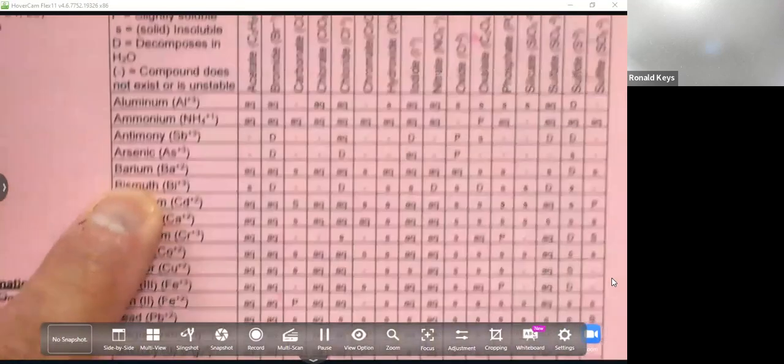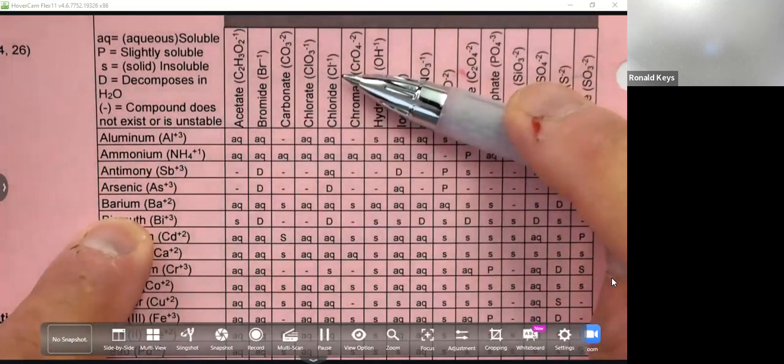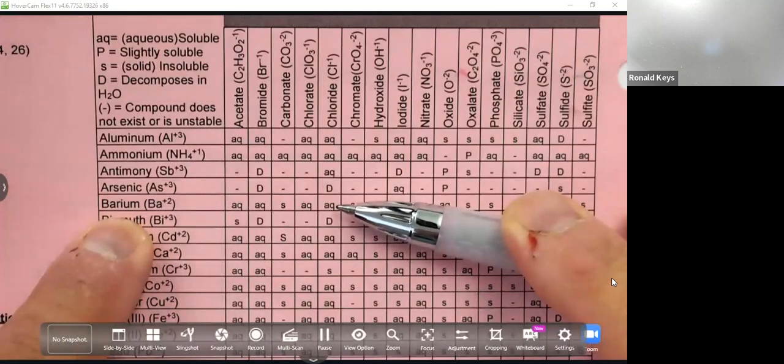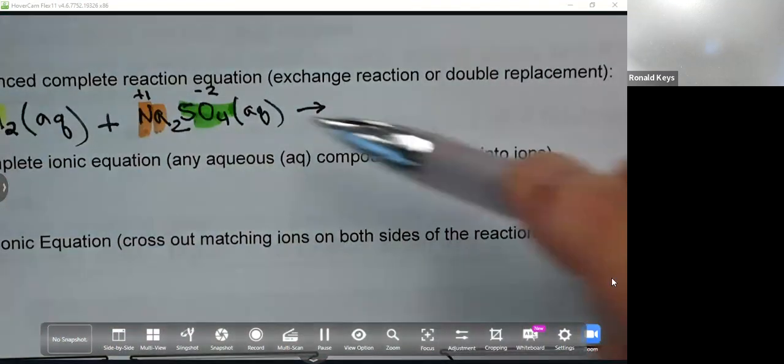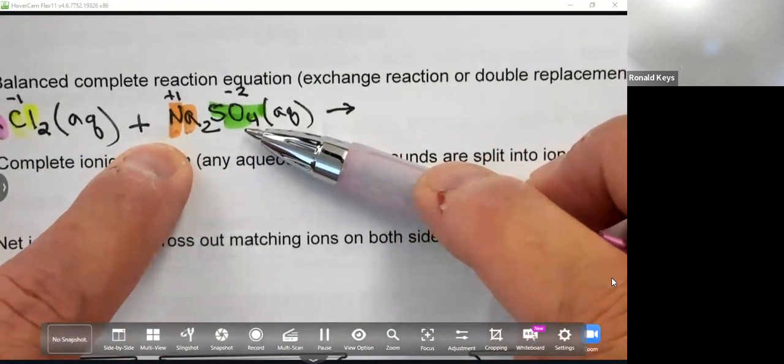If we grid out barium and come down with chloride, we see AQ for aqueous, right? Barium chloride, aqueous. Similarly, with sodium sulfate, we're going to see aqueous.